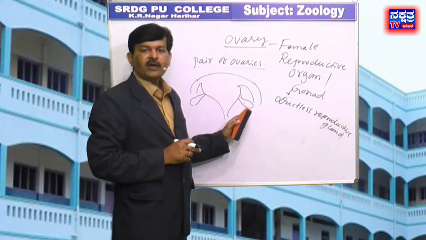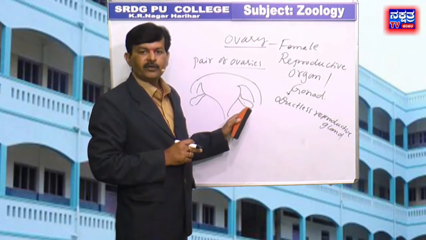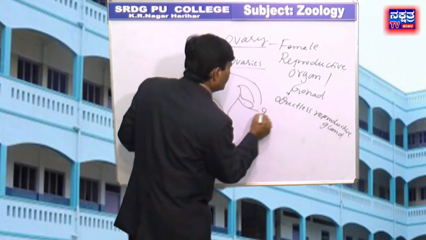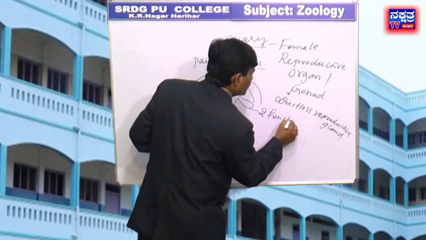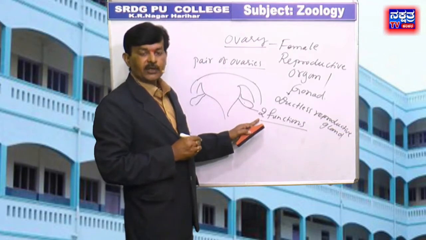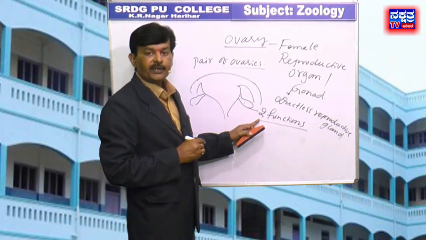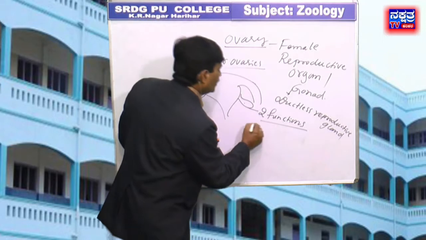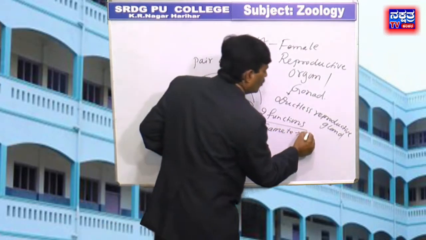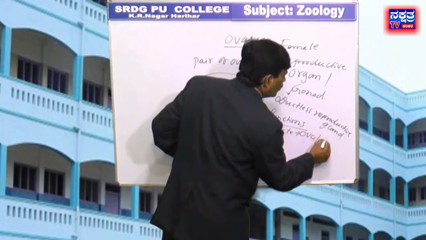The ovaries have two main reproductive functions. These two ovaries perform two functions. The first function is they produce the female reproductive gamete, that is called the ova or ovum.